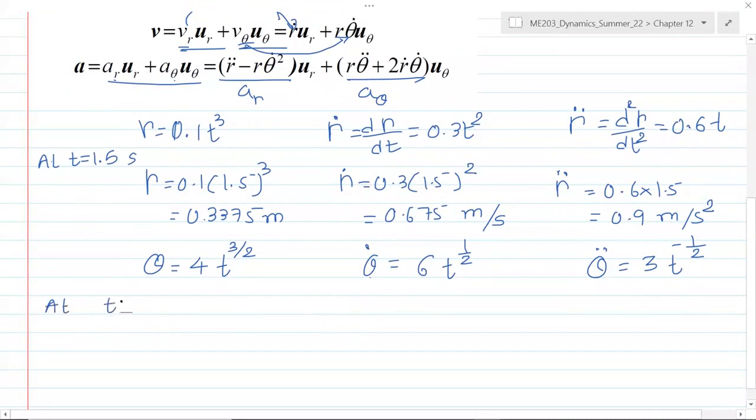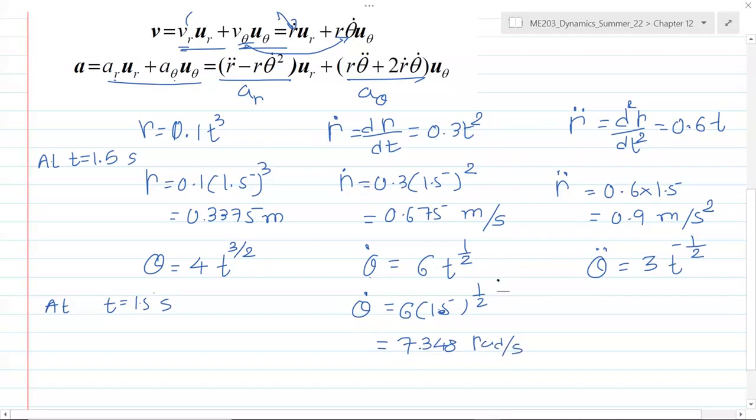At t equal to 1.5 seconds, theta dot is 6 multiplied by 1.5 to the power 1 by 2, and that is 7.348 radians per second.